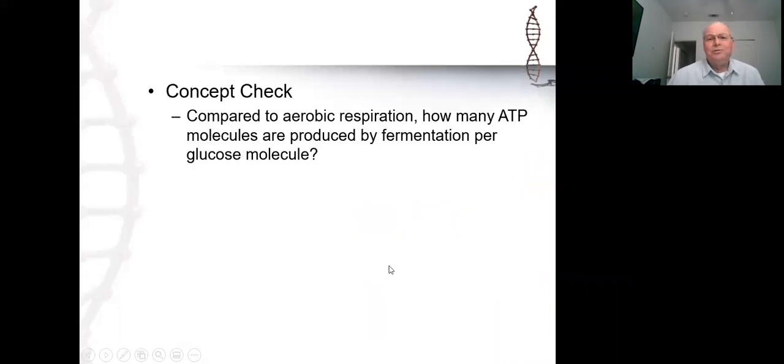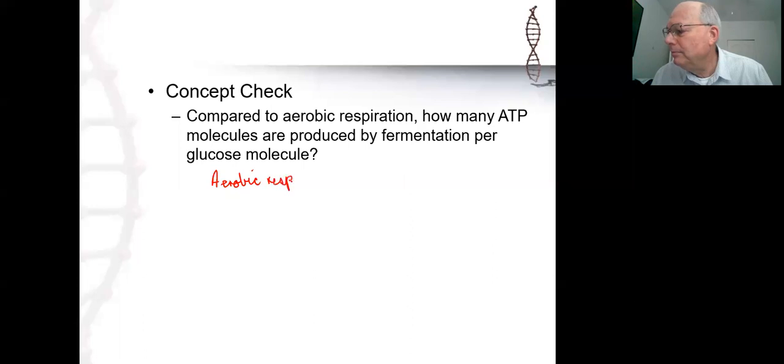So one more concept check before we close up this presentation. Compared to aerobic respiration, how many ATP molecules are produced by fermentation per glucose molecule? Well, remember again, aerobic respiration gives rise to approximately 32 ATP.